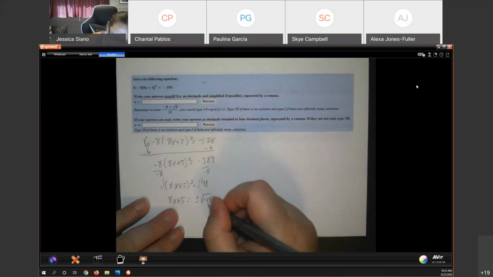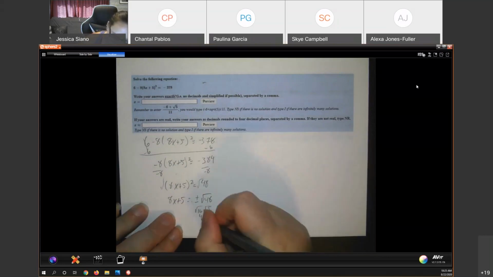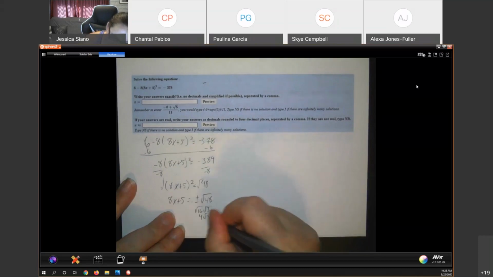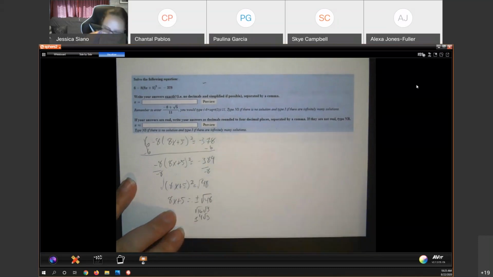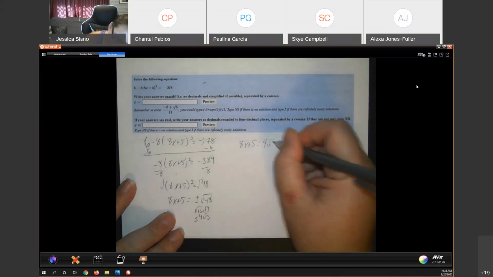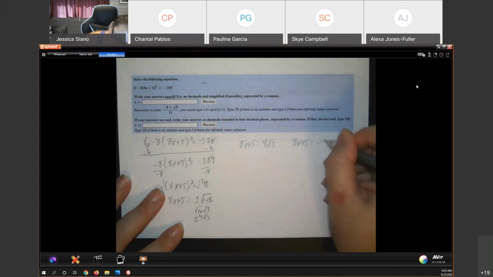So 8x plus 5 equals plus or minus rad 48. The square root of 48 reduces. It's 16 and 3, so that's 4 rad 3. So I have 8x plus 5 equals 4 rad 3, or 8x plus 5 equals -4 rad 3.